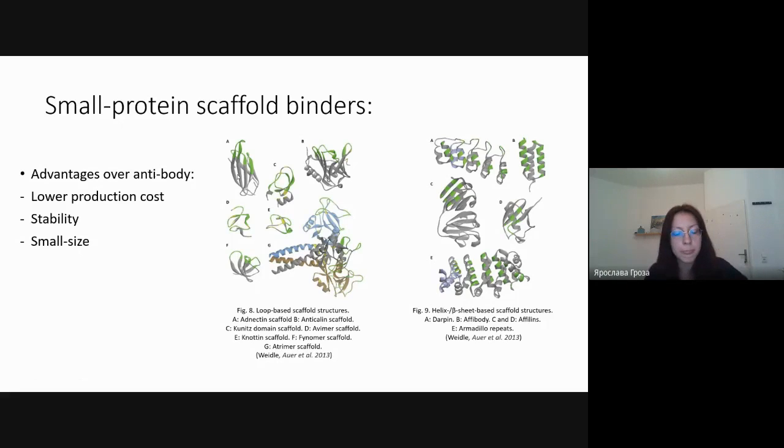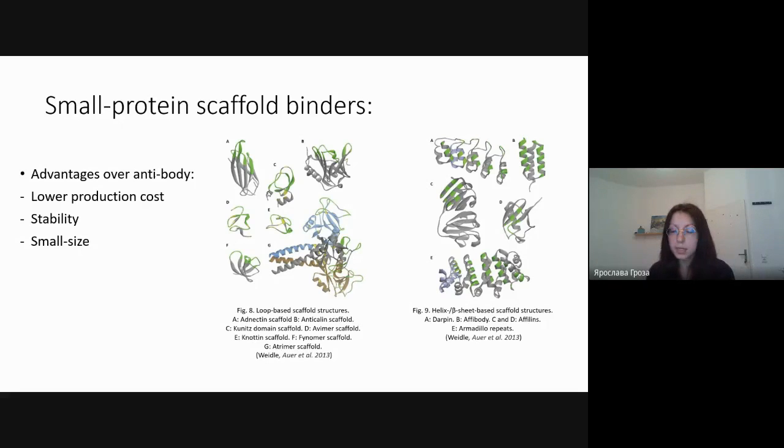They are selected in vitro, so immunization is not required for selection of such binders. Also, the library of these small protein scaffold variants can be created once and used for many targets, so you don't need to create a new library for each target you want to bind.